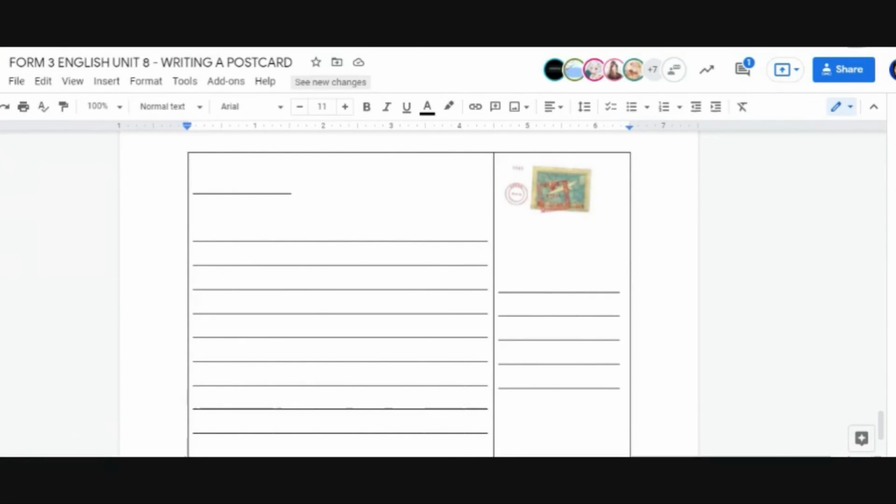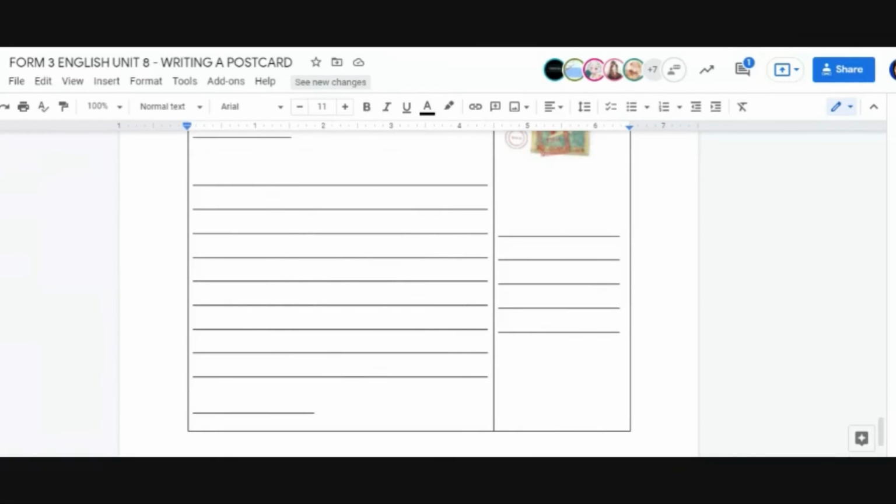Remember this part, you have to write your name, your friend's name, and then start writing. And then don't forget to put an address. Can you use the address in Malaysia? Where is your friend? Your friend is in England, right? So you have to create an address in England. Of course, we don't know the street names, so just type any name.